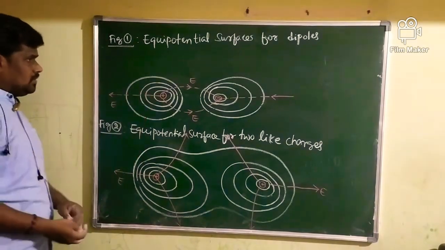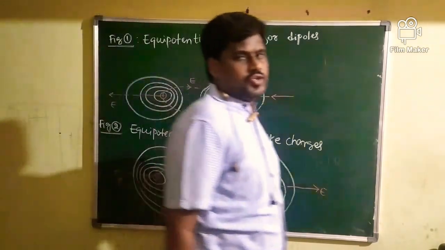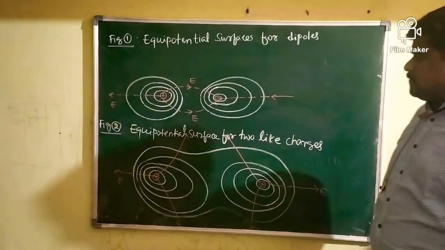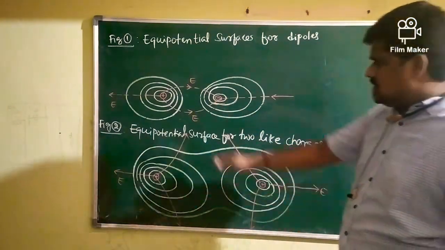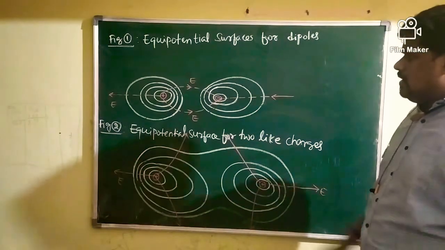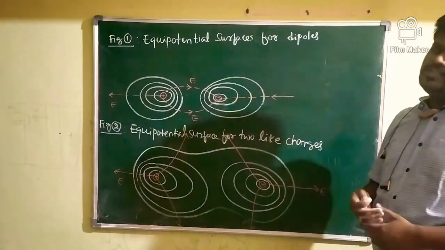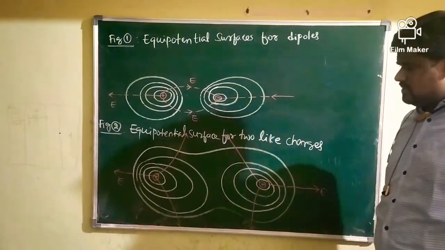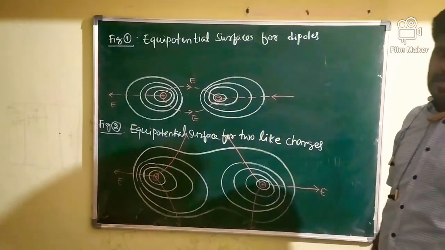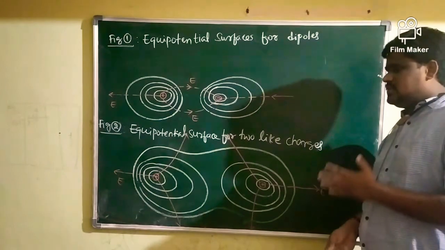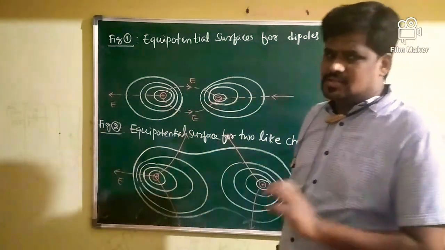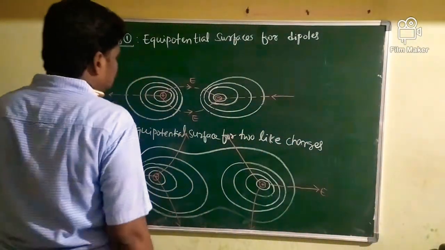Dear students, look at the nature of equipotential surface for electric dipole. Electric dipole means equipotential surface for equal and opposite charges, that is unlike charges. The second diagram is equipotential surfaces for two like charges. What difference are you noticing?